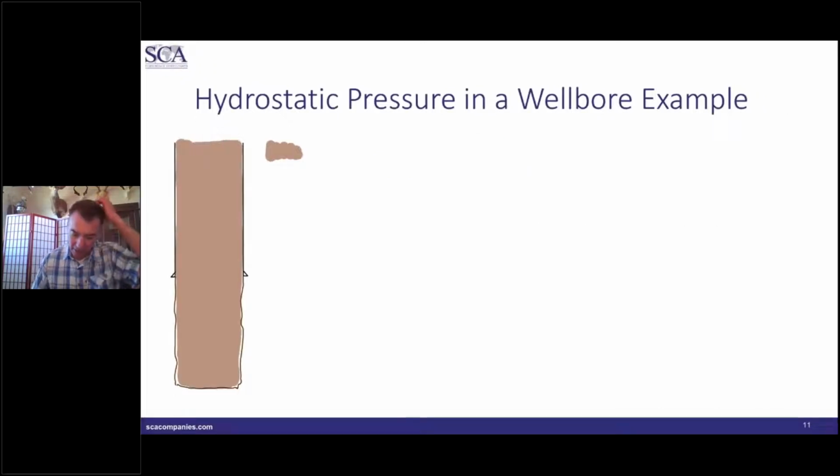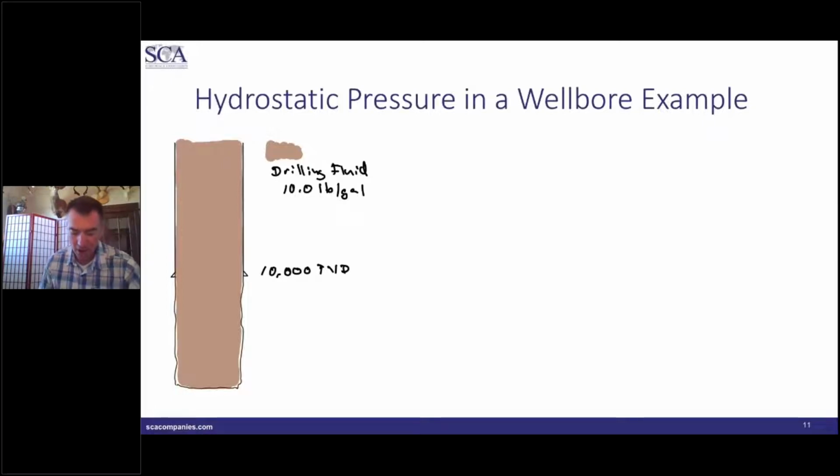So let's say we have a wellbore here, and this brown is drilling fluid. Let's just say we've got 10 pounds per gallon drilling fluid, and let's say we've got a shoe set at 10,000 feet TVD.